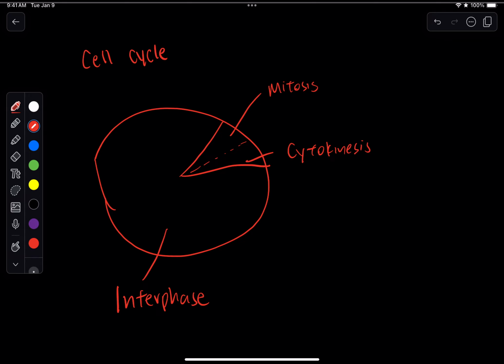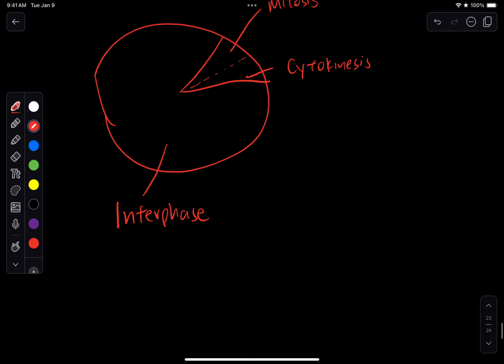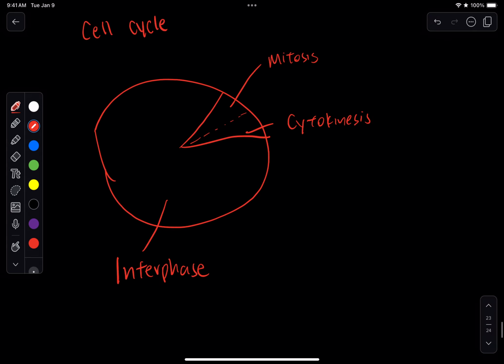First, let's talk about interphase, which is also called the resting phase of the cell, but the cell's not really resting. It's doing a lot of things. Interphase is the longest phase of the cell cycle.